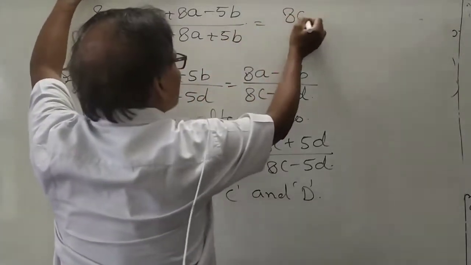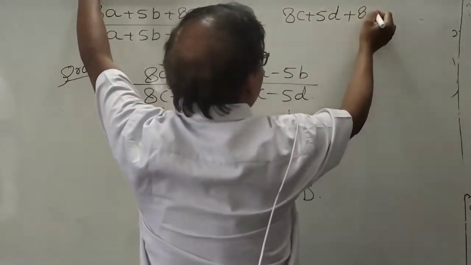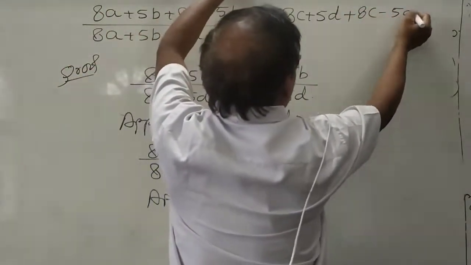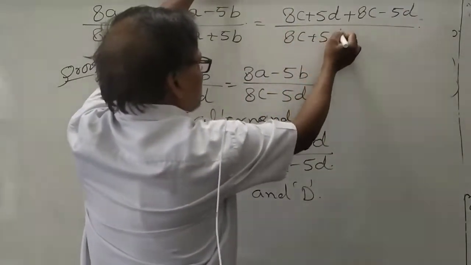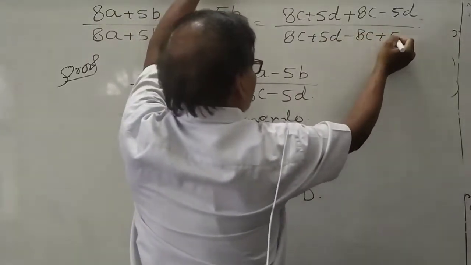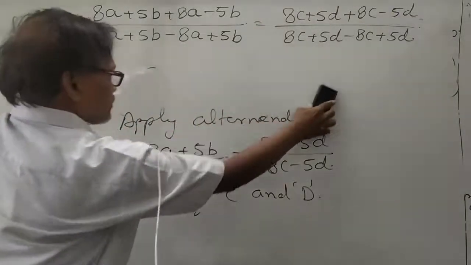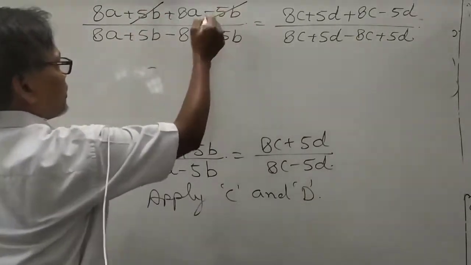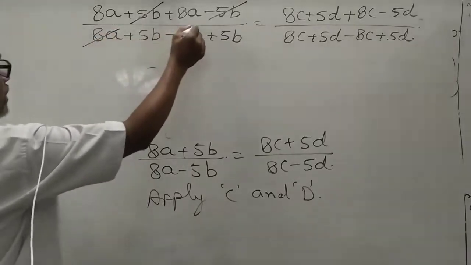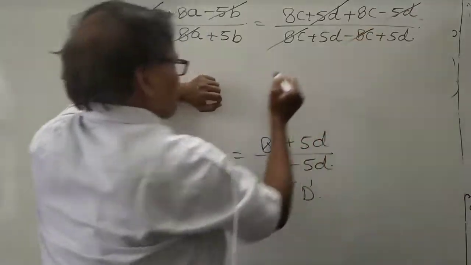Similarly here, this is the way to write. Now the terms plus 5b minus 5b, here plus 8a minus 8a. Similarly 5d minus 5d, 8c minus 8c.